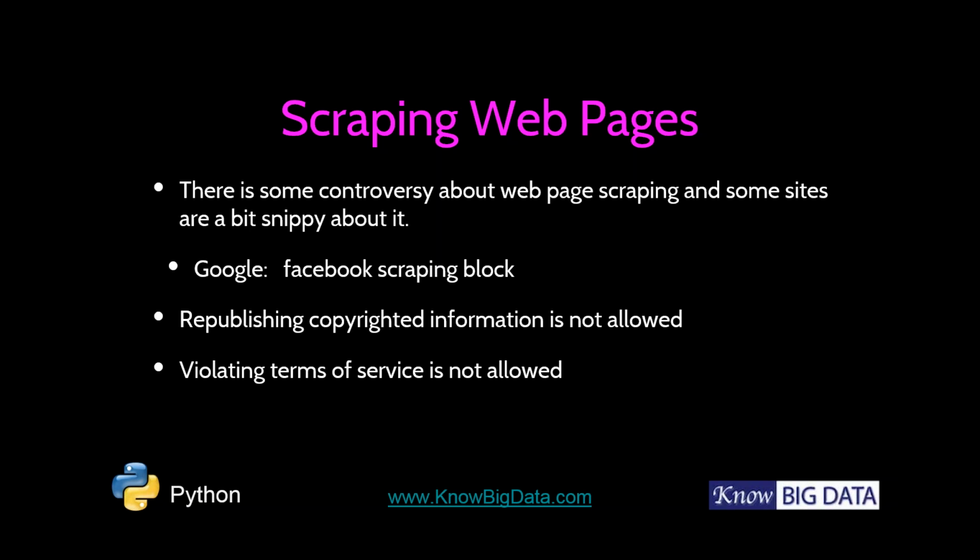So what if you try to scrape over Facebook? Do you think you're going to get some trouble? Say for example, you're trying to fetch data of one of your friends from Facebook, and you want to get some data.